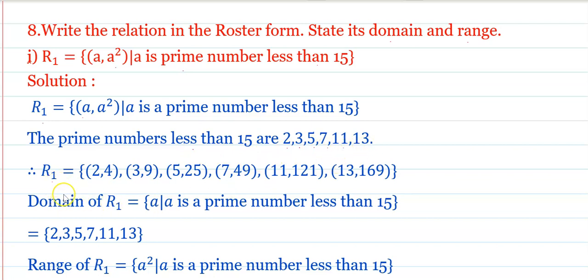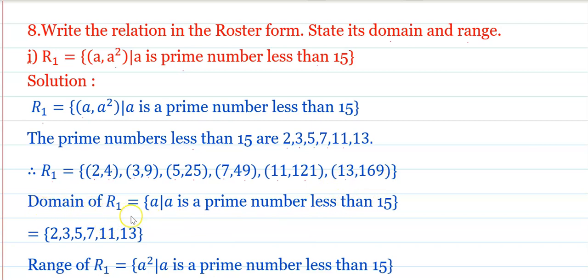What about R1? First is 2, 2 squared is 4; 3, 3 squared is 9; 5, 5 squared is 25; 7, 7 squared is 49; 11, 11 squared is 121; 13, 13 squared is 169.